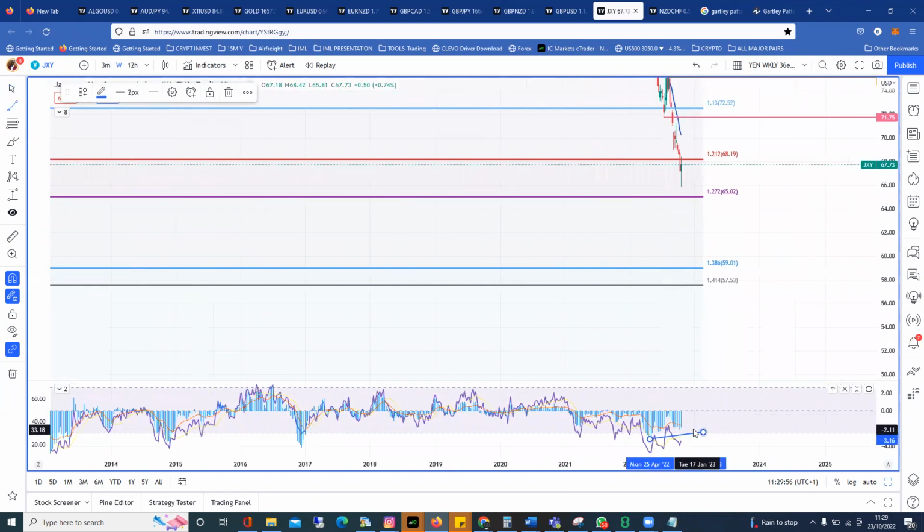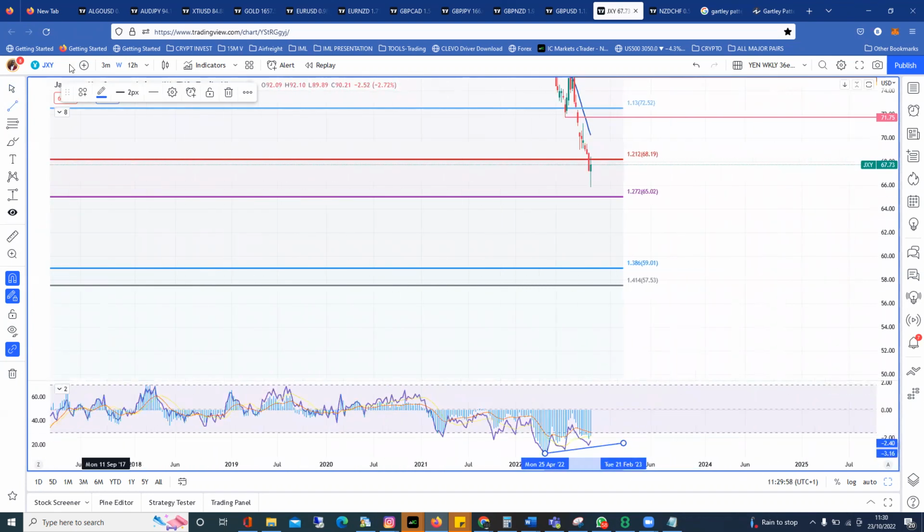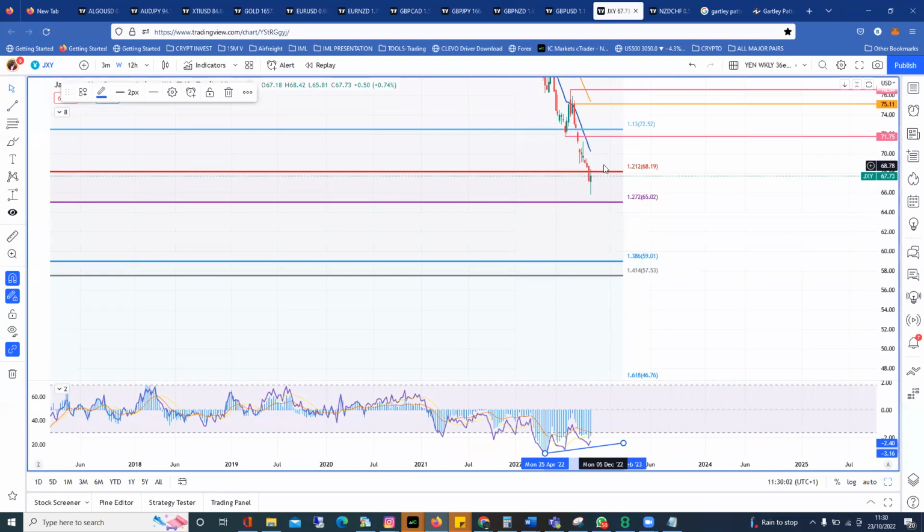Literally, we might find ourselves in a position whereby the yen is matured enough to reverse. There's a key Fibonacci level over there.